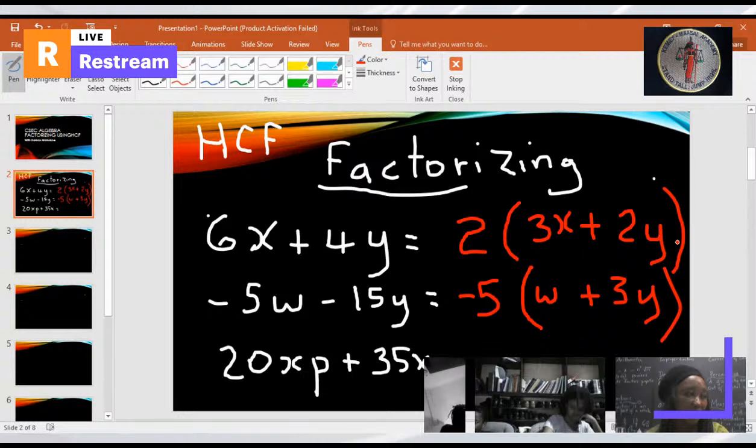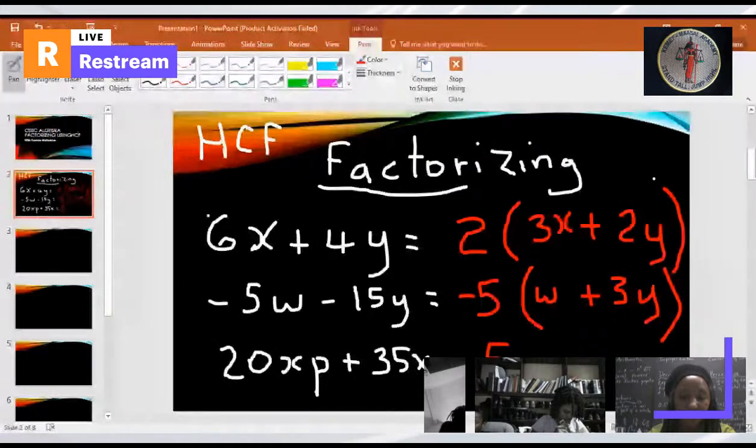Understand? All right, so we're saying the highest common factor for the 20xp and the 35x is 5x. You notice this time we have a variable out front, not just a number, because x is common to both of the terms.